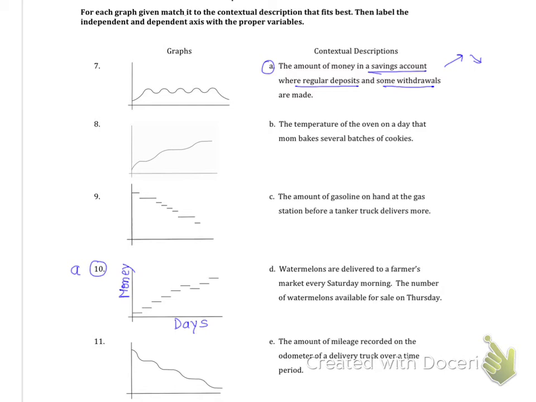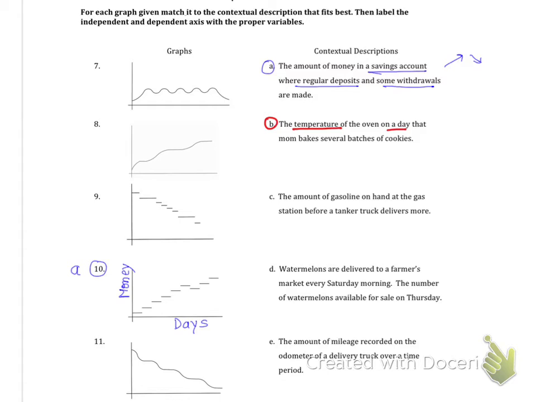Let's move to the second description, that is B, the temperature of an oven on a day that mom bakes several batches of cookies. So it's about temperature and on a day. So day and temperature, or during that day, we can talk about time, like 1 o'clock, 2 o'clock. So we have to figure out which one is best describing this situation.